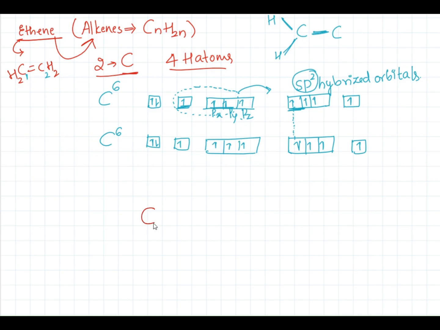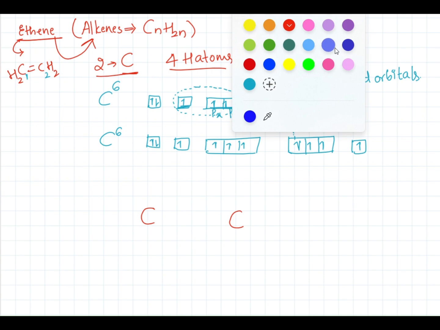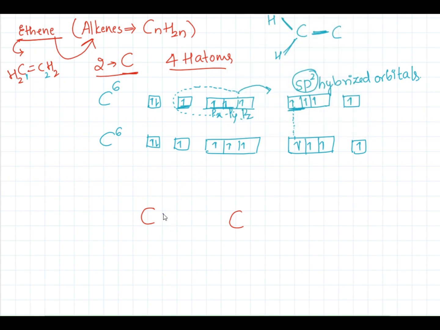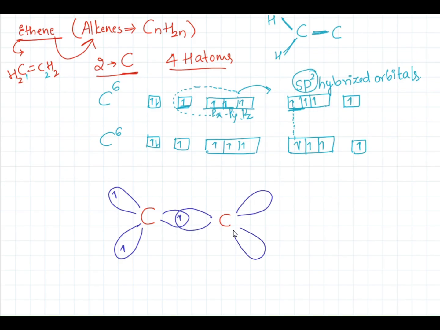Each of the 2 carbon atoms carries 3 sp2 hybridized orbitals which have 1 electron each, right?